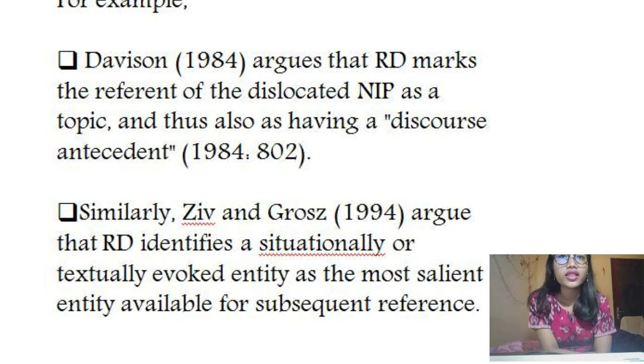Similarly, Ziv and Grosz's 1994 argument that RD identifies a situationally or textually evoked entity as the most salient entity available for subsequent reference. As we argued in previous work, Birner and Ward 1996, the difference in function can be attributed to the anaphoric pronoun of right dislocation, given that the marked NP in right dislocation is coreferential with the pronoun and the pronoun is anaphoric and therefore represents a discourse-old entity.